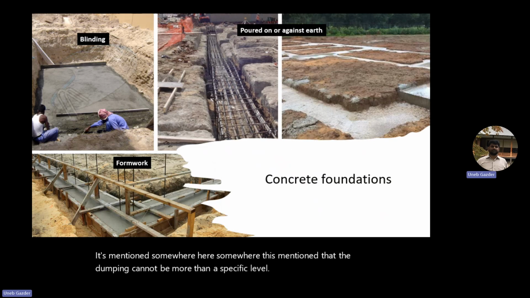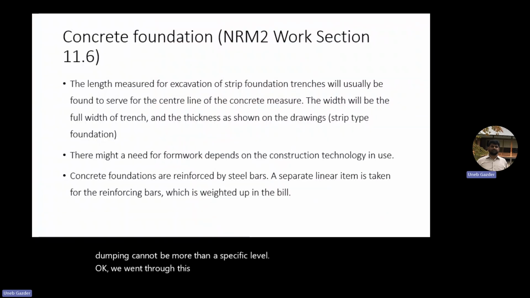We went through this, blinding. Concrete foundation, we have done this earlier as well. This is where we stopped, right? If we missed something, so we covered this. Foundation can be of different types. It can be isolated, trench, or strip.